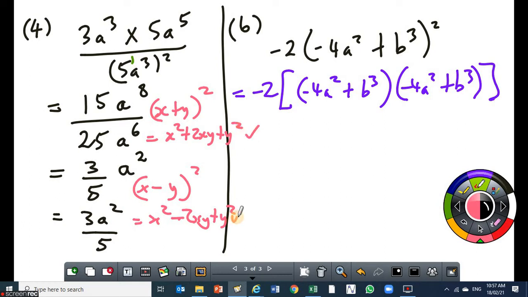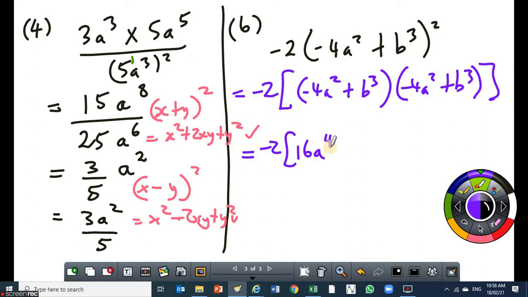So here, we can just use FOIL. Then I'm going to have minus 2, open bracket, minus 4a squared times minus 4a squared. You get 16a to the power of 4, because a squared times a squared gives a to the power of 4.